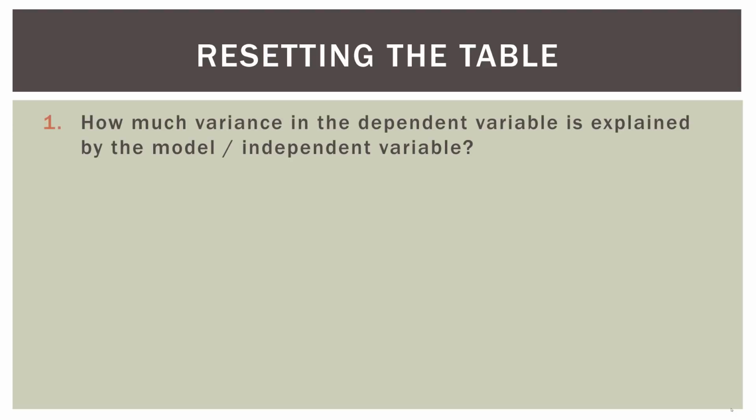So number one, how much variance in the dependent variable is explained by the model or the independent variable? The whole point of regression is to develop a model where we have the independent variable along the x-axis, and then we try to make a reasonable prediction about the y value, or the dependent variable, on the y-axis.